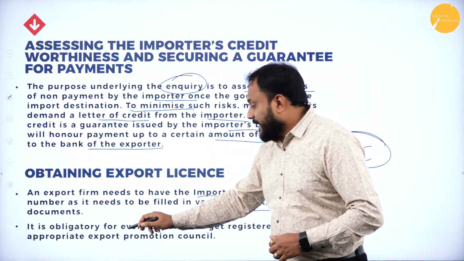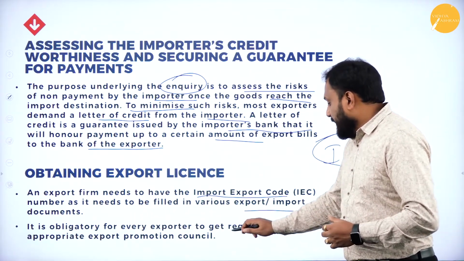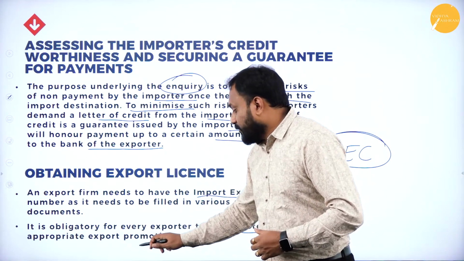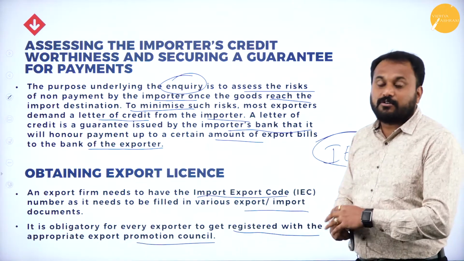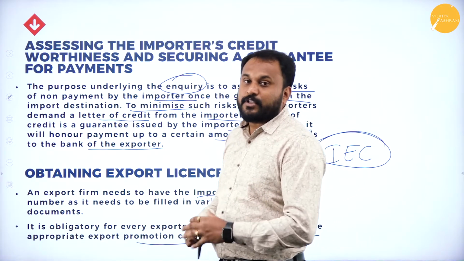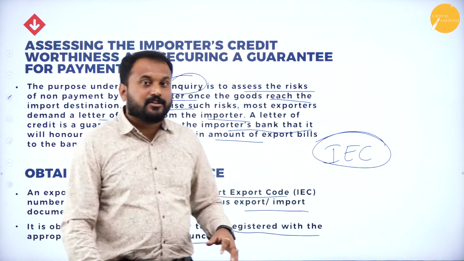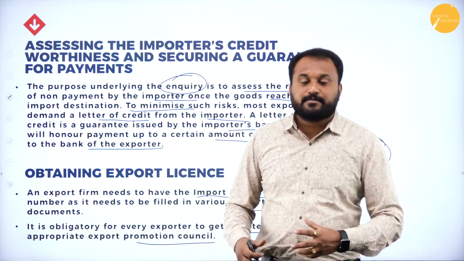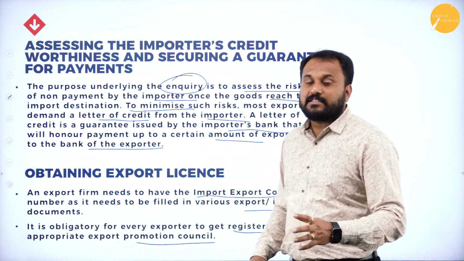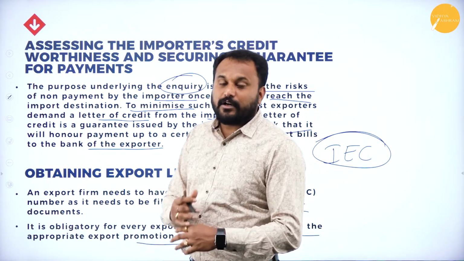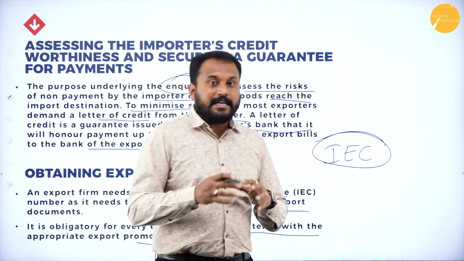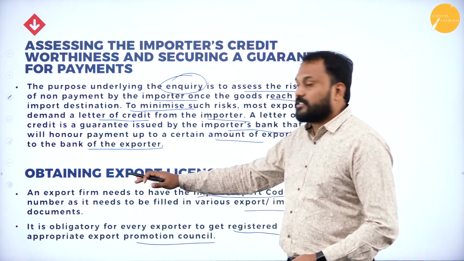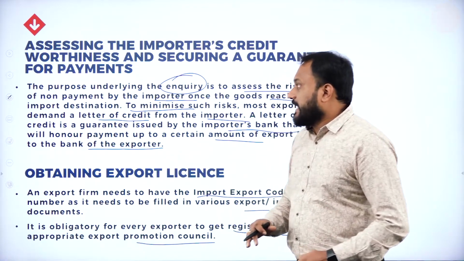It is obligatory for every exporter to get registered with the appropriate export promotion council. So you should always have the IEC, and for every transaction of your import and export you are supposed to give the same code. It's like an identification that you are doing import and export in India as well as in different countries. So that is how you get the export license.